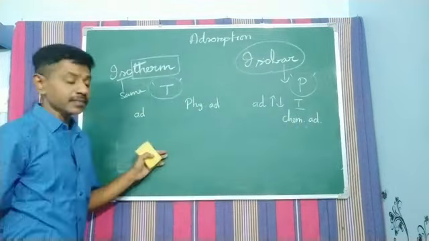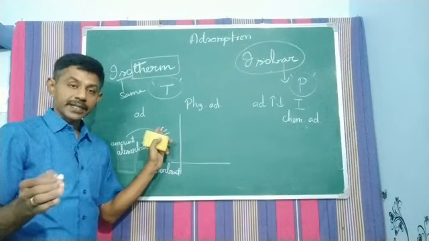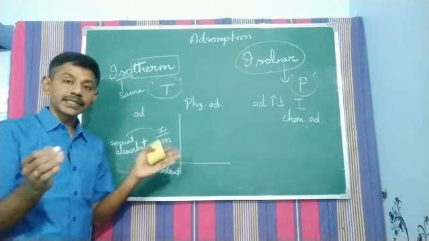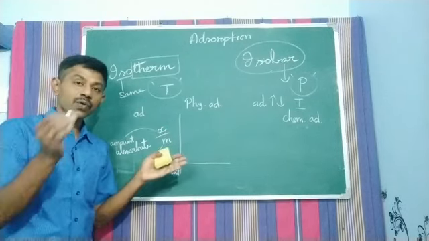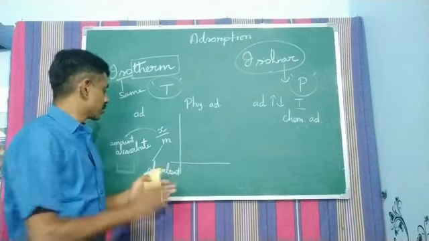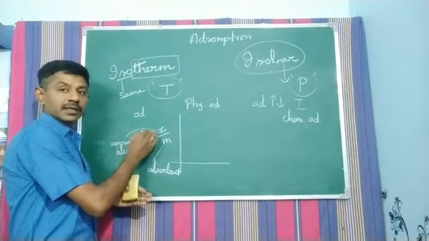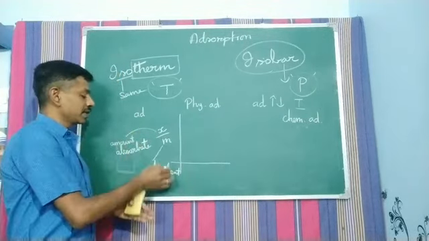Let me repeat it again. X refers to the amount of adsorbate. Let me clarify again: adsorbate is the material which goes and gets fixed over the surface. For example, we saw the ink and the chalk piece. So ink is the adsorbate and the chalk piece is the adsorbent. So x by m is taken on the y-axis.